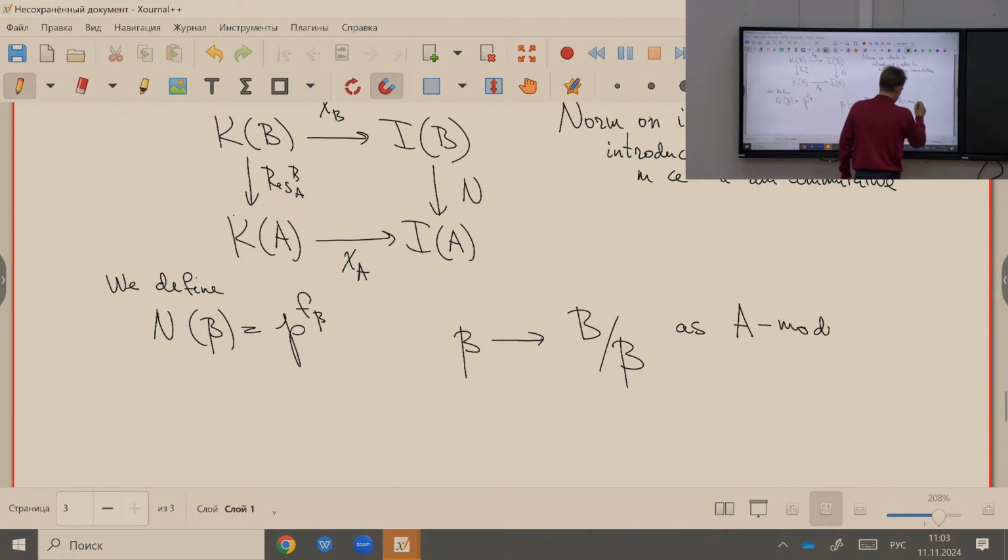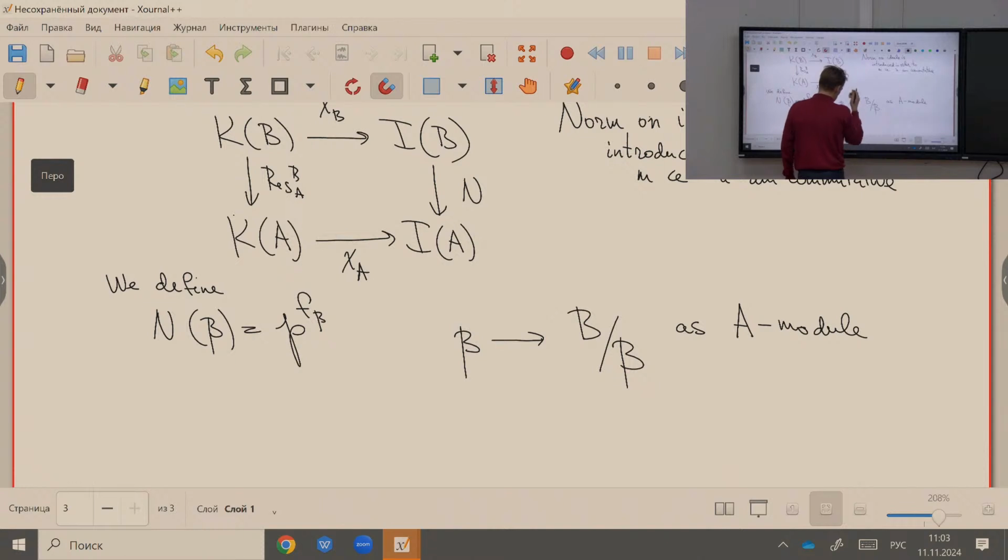So we get the restriction map. These guys do not have the same images, but they are inverse in the group, the inverse classes.